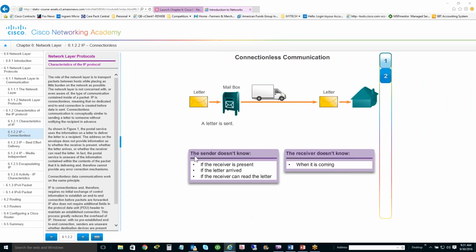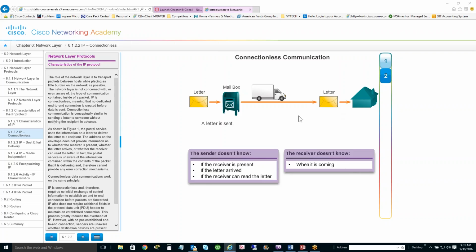One thing that you need to be aware of related to layer 3 or IP packet communications is that it is connectionless. Let me restate that.